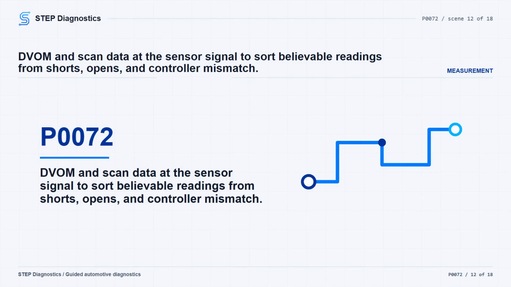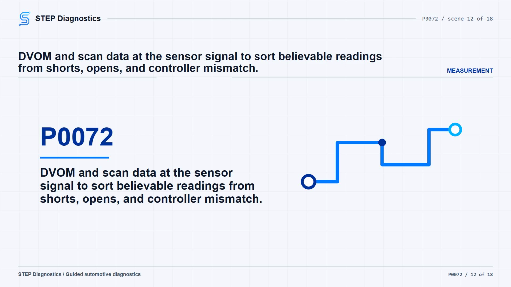If you are using a DVOM instead, first make sure the temperature sensor and controller harness connectors are connected and locked. Turn the ignition on, back probe the temperature sensor signal circuit at the sensor connector, and compare the meter to the scan tool. A signal voltage reading between 0.1 and 4.9 volts is usually a believable sensor signal.